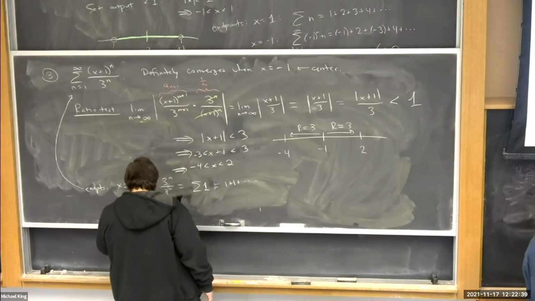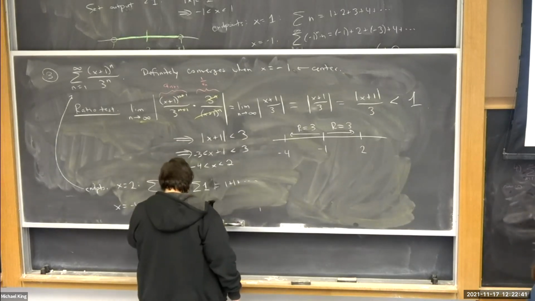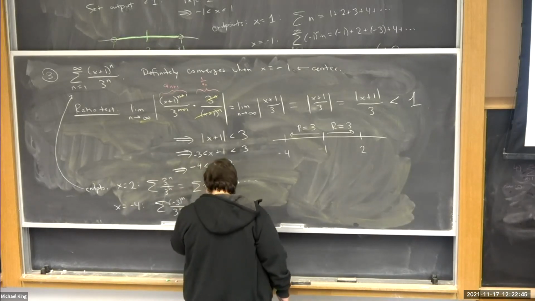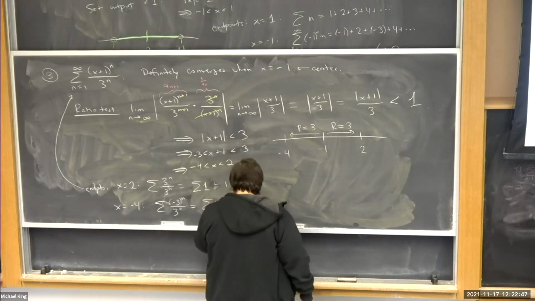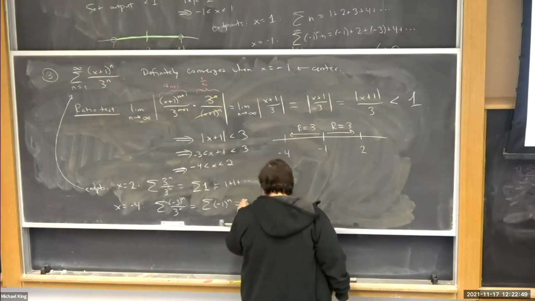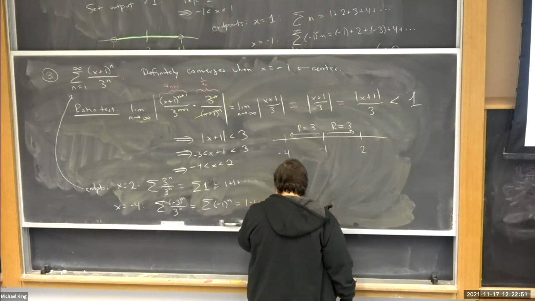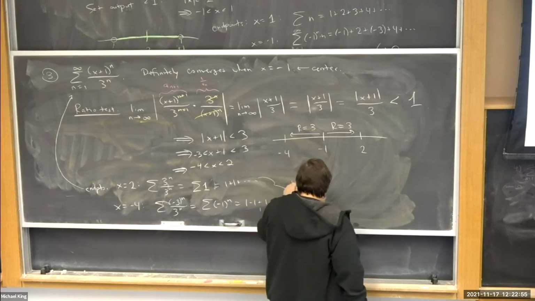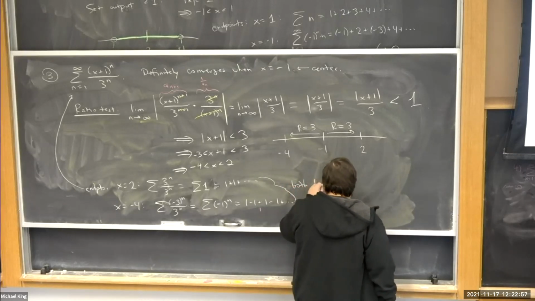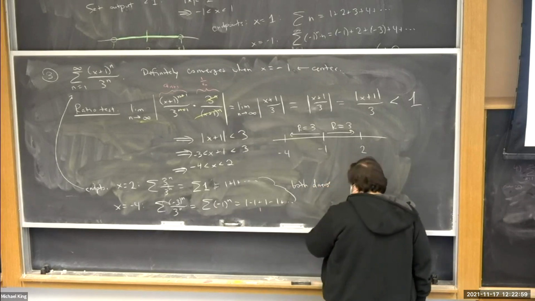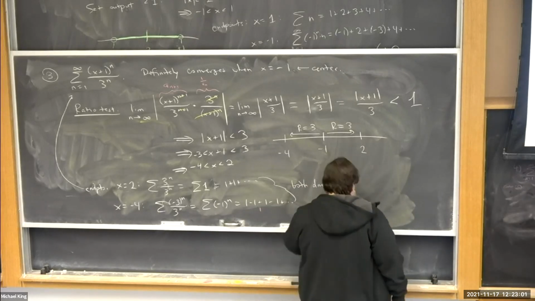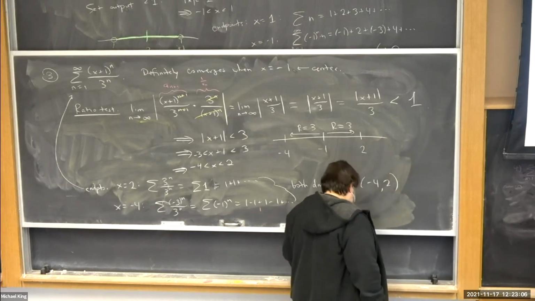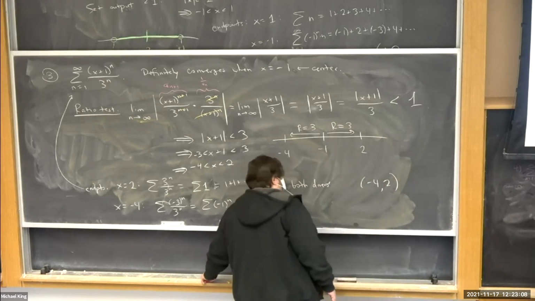If we try negative 4, we get negative 3 to the n over 3 to the n, which is negative 1 to the n, which is 1 minus 1 plus 1 minus 1, and so on. So these both diverge. So the answer really is negative 4 to 2. Okay, so that was number 3.